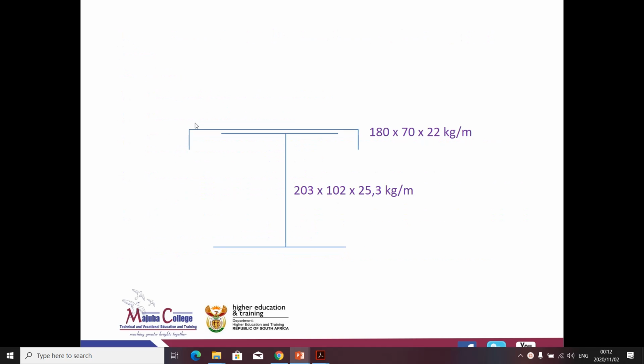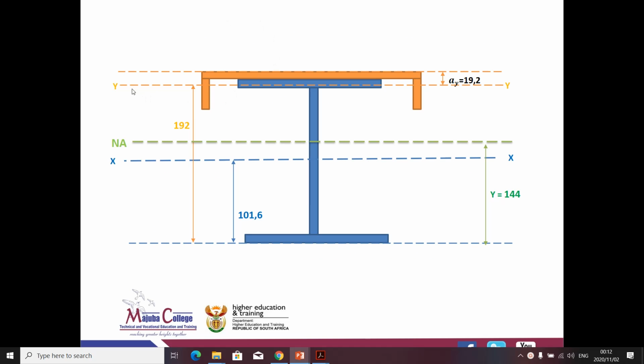We discussed this distance, which is the position of the neutral axis, 144 from here to there, after we located the neutral axis of the individual sections, which is 101.6 and 192.7, whereby we took the whole height of the I section, added the T1 of the channel, and then subtracted 19.2 to get this 193.